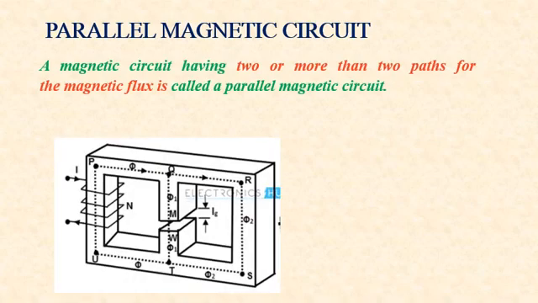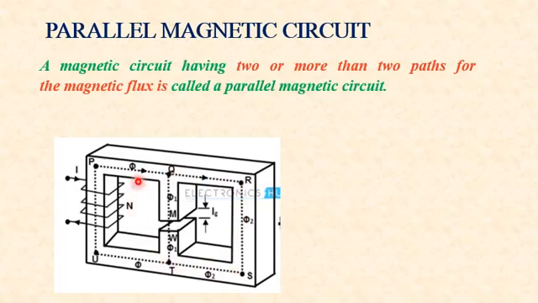Take a look at the following magnetic circuit. Here we can see that the flux produced in the limb PU has more than one path to travel. That is through QT as well as through QRST.